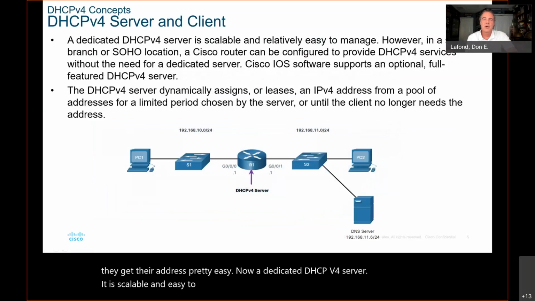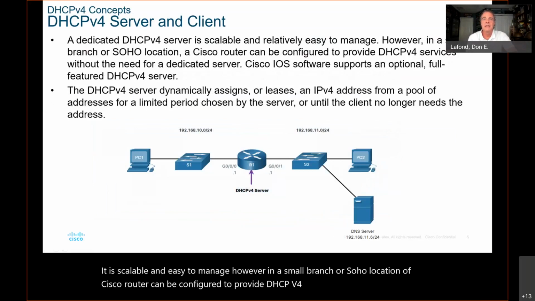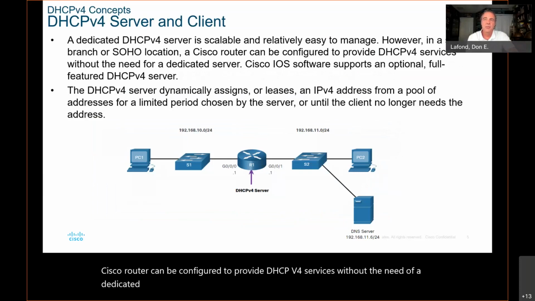Now, a dedicated DHCPv4 server is scalable and easy to manage. However, in a small branch or SOHO location, a Cisco router can be configured to provide DHCPv4 services without the need of a dedicated server. Cisco IOS software supports the operational full-feature DHCPv4 server.